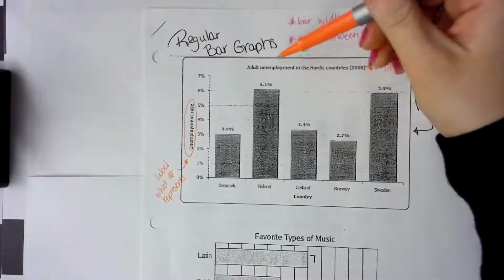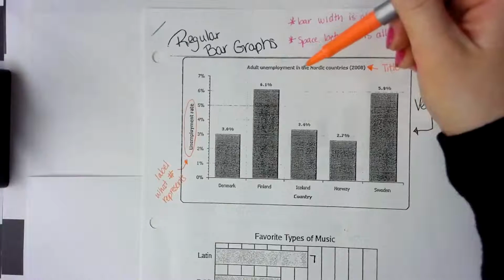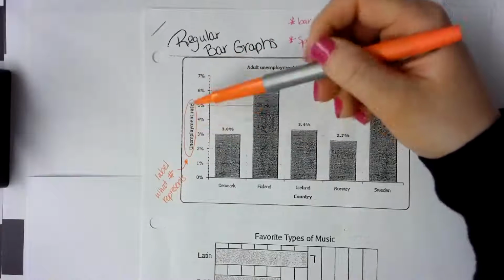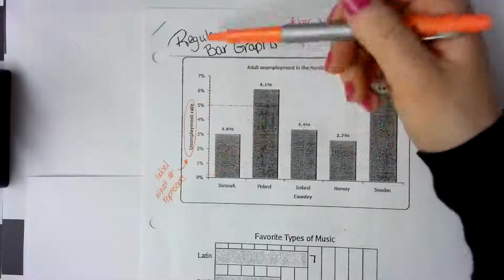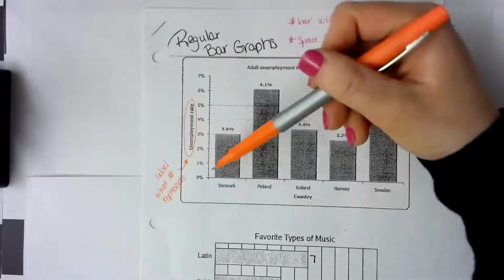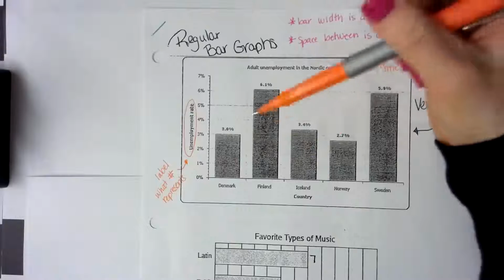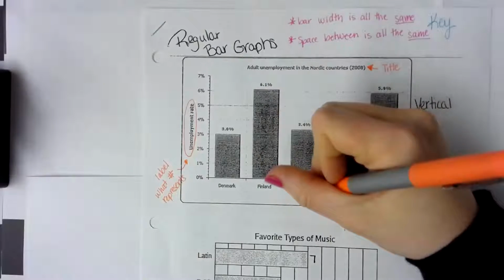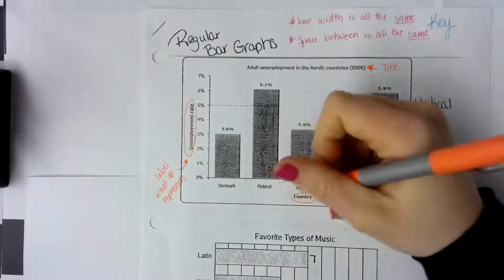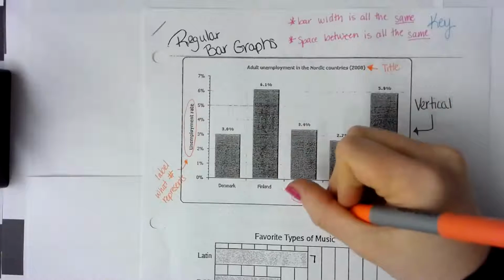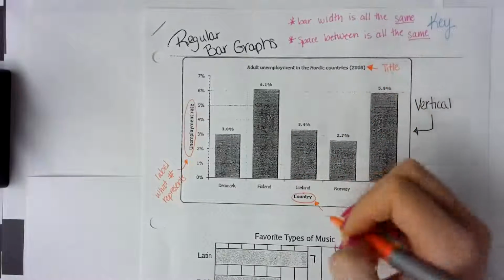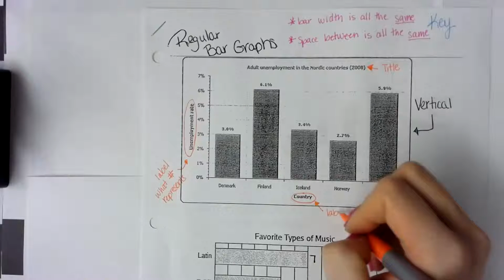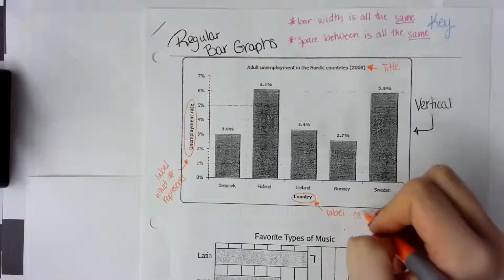So they're talking about unemployment rate. So your unemployment rate, that percentage is what's going here for this particular graph. And then this label is how you're categorizing it. So this is your label for your category.